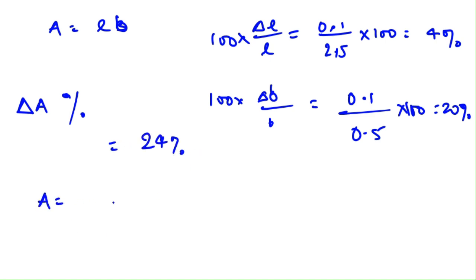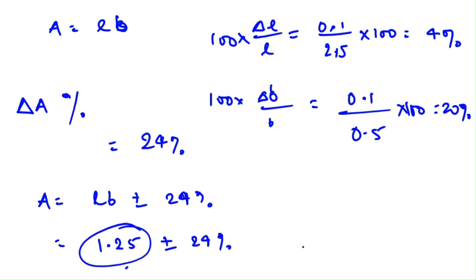So area, we can write L into B plus minus 24% of this value. And this we can get 2.5 into 0.5, that will be 1.25 plus minus 24% of this value. And then we can write it A equals to 1.25 plus minus, what will be the 24% of this value? And this will be very less. You can calculate by yourself and write it here.